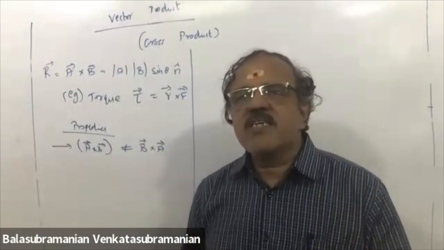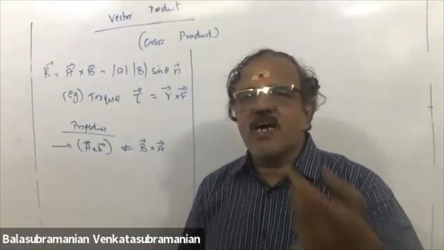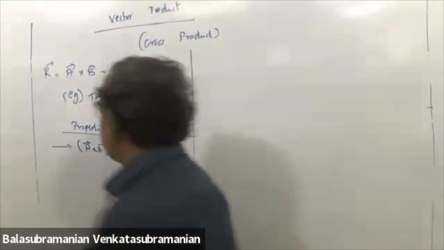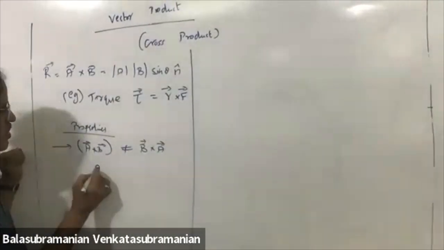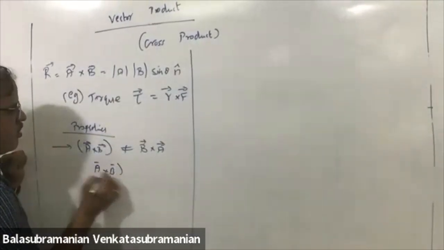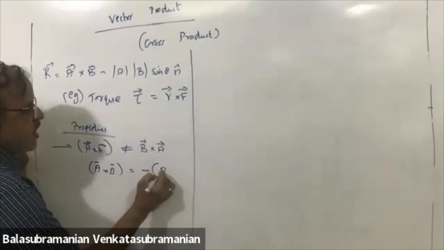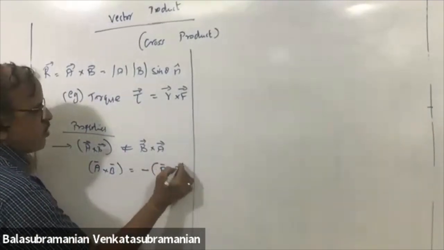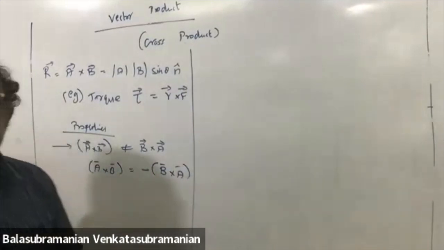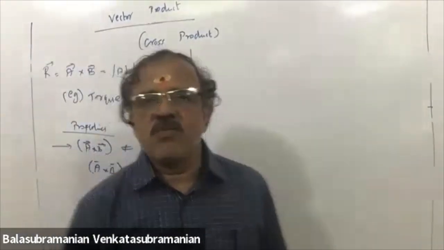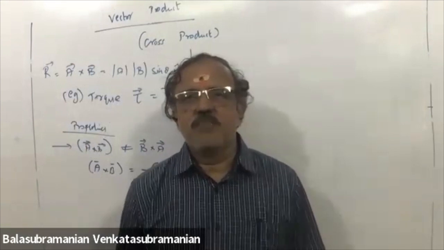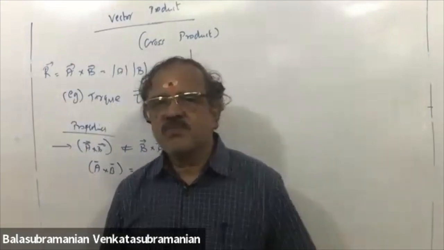Sin of minus theta is minus sin theta. So I can write A cross B is equal to minus B cross A. Anti-commutative. Opposite. Minus sign is coming, so opposite.